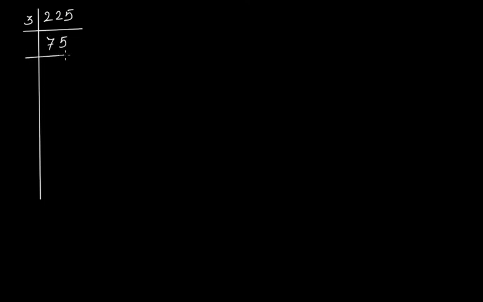Now further divide this by 3, you get 25. Right? Further divide this with 5. Now you divide this again with 5. Right? So you get 1. So if you write this 225 in the form of prime factorization, you write this as 3 times 3, right? 3 into 3, then into 5 into 5, right?